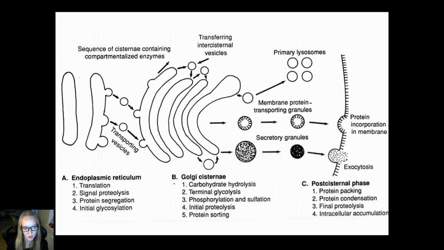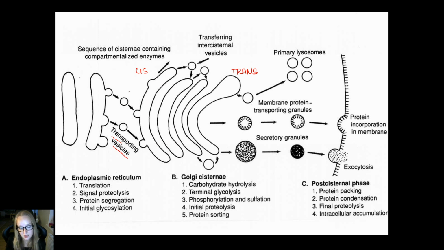So once again, we have a cis phase right here and trans phase right here. And really what's happening is that Golgi complex receives vesicles which contain proteins from endoplasmic reticulum. So these are the transporting vesicles which are going from endoplasmic reticulum to the cis phase of a Golgi complex.